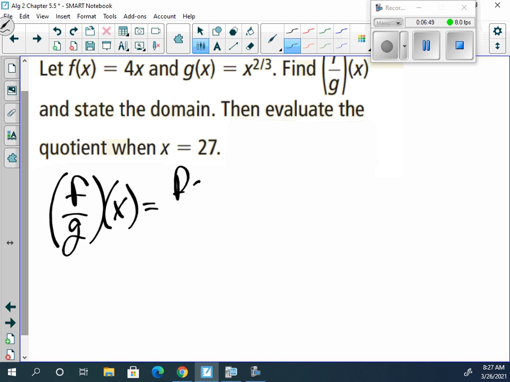Well, this is the same as f of x divided by g of x. Now in this case, f of x is 4x, and g of x is x to the 2/3.